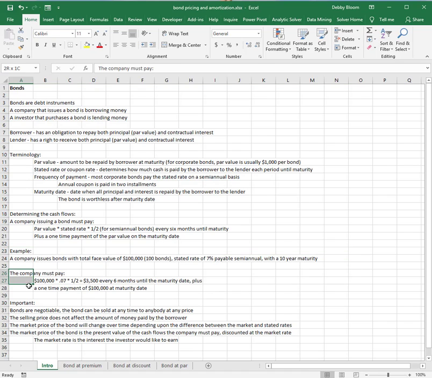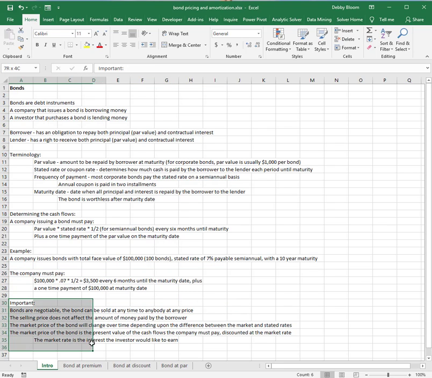So, with those terms, the issuing company must pay, and the lender has a right to receive, $100,000, the par value, multiplied by 0.07, multiplied by 1/2, which is $3,500 every 6 months until the maturity date, plus a one-time payment of $100,000 at maturity date. So this is just how bonds work.